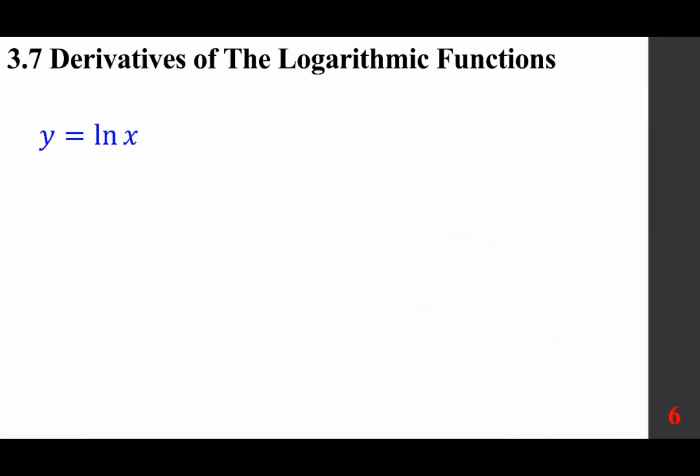Let's go to calculus and start differentiating. Y equals ln x. What is the derivative of that? We don't know yet. So we are going to rewrite this in its exponential format, e to the power of y equals x. And now we are going to differentiate both sides implicitly.